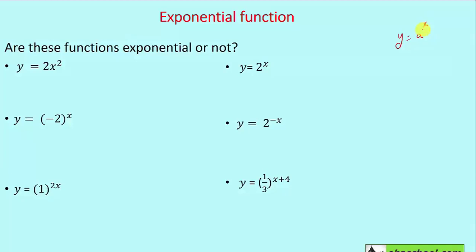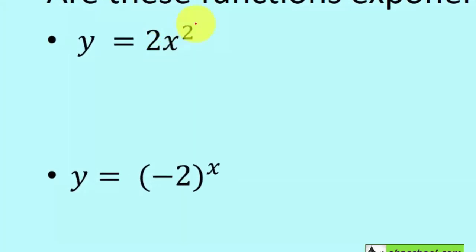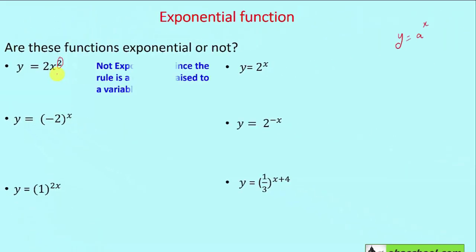Now here we have 2x to the power 2. So the index here is constant, and we said that the index of exponential function is variable. So in this case, y equal 2x squared is not an exponential function, since the rule says a constant must be raised to a variable. Constant base, and its power is variable.